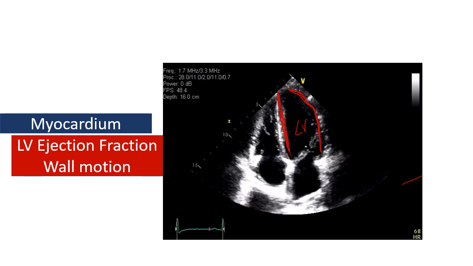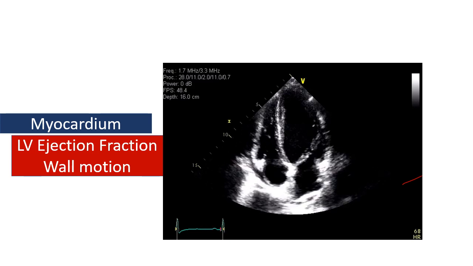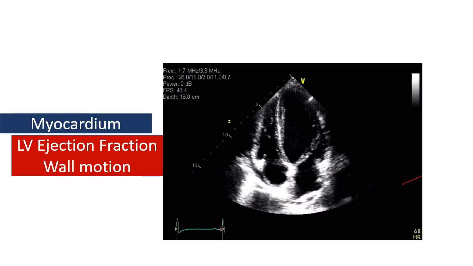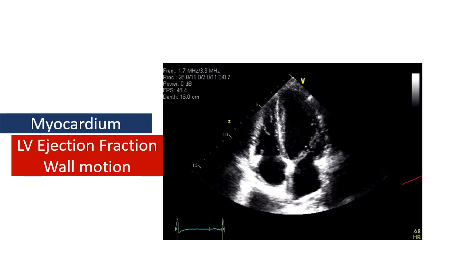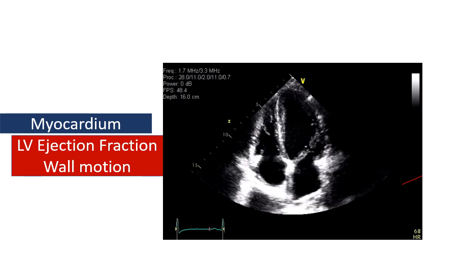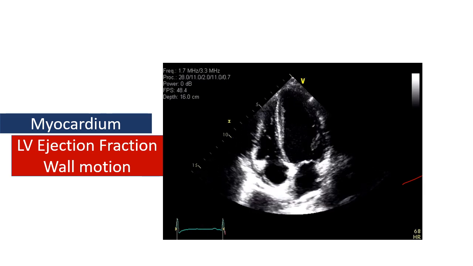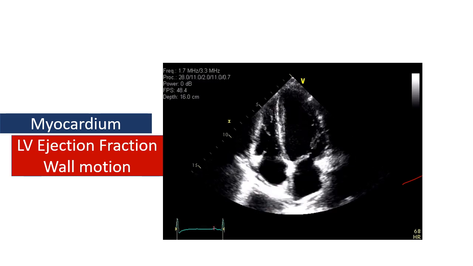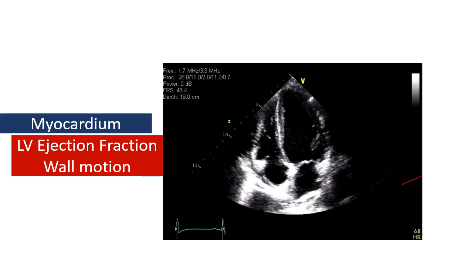And by this, you can comment on the regional motion abnormalities. What do regional motion abnormalities mean? You know that every coronary artery, the left main or right coronary artery, and the left main branching into the LAD and left circumflex, gives a blood supply to a specific region in the myocardium. So if one of these arteries is obstructed or stenosis occurred in one of them, then the blood supply going to this particular area will be affected, and this region becomes ischemic.